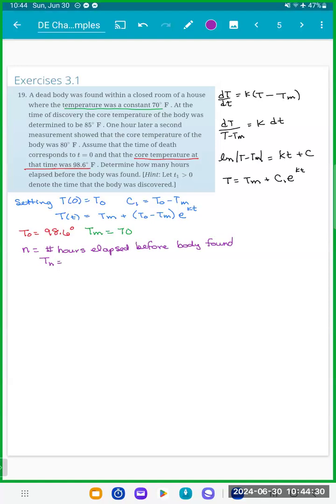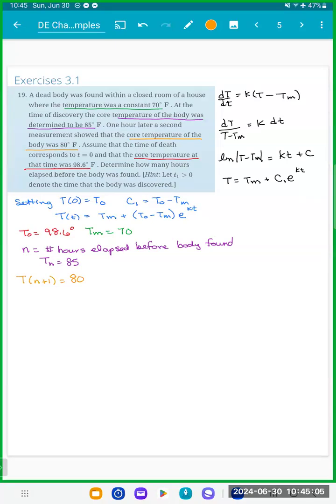So T sub n is going to be 85, the temperature of the body here, so at 85 degrees. And if I wanted T of n plus 1, that is because we took the temperature 1 hour later for a second time, and we got that the temperature was 80 degrees.